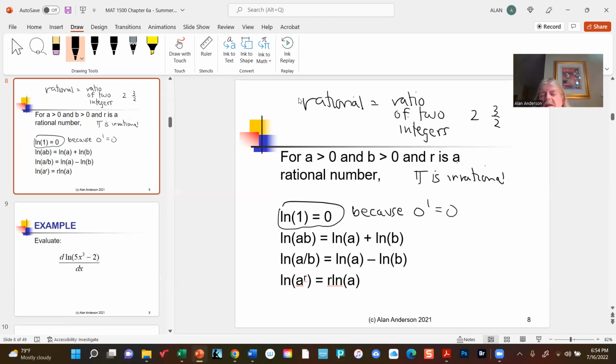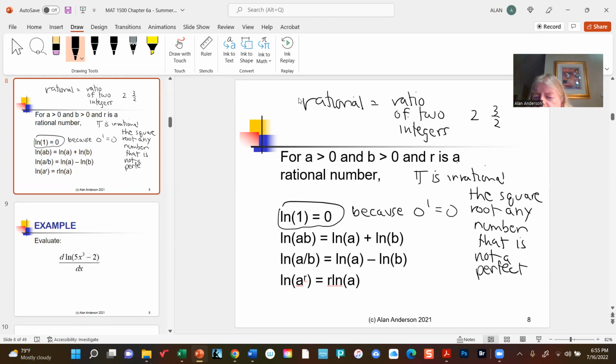But what's interesting, too, is that the square root of any number, just mention this as an aside, the square root of any number, and of course, it's understood we're talking about positive numbers or non-negative numbers, that is not a perfect square is irrational.